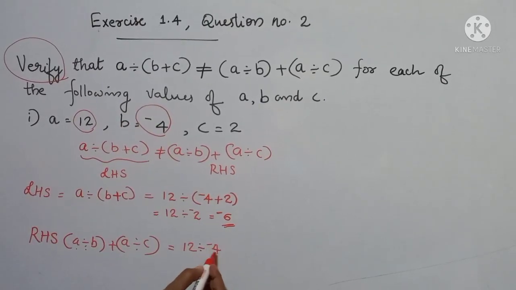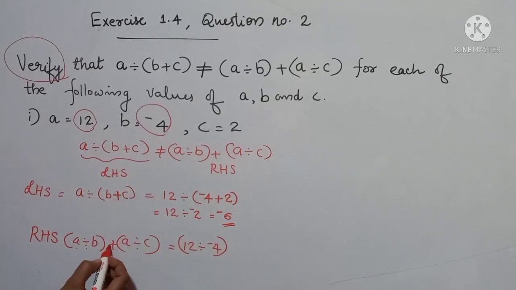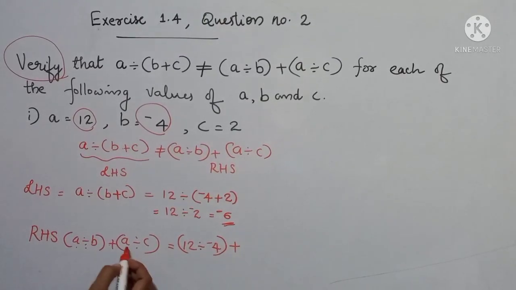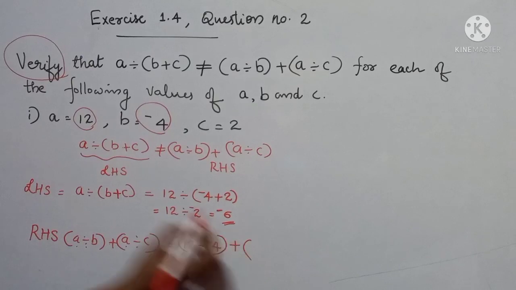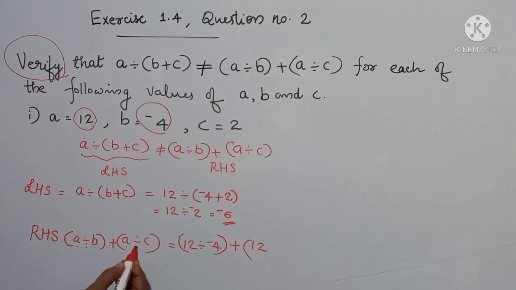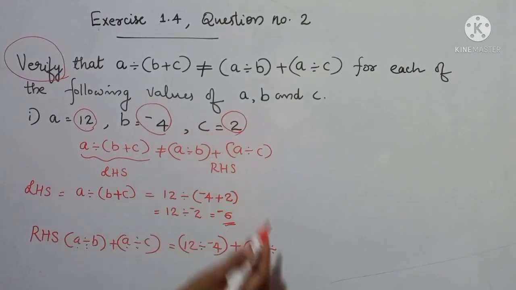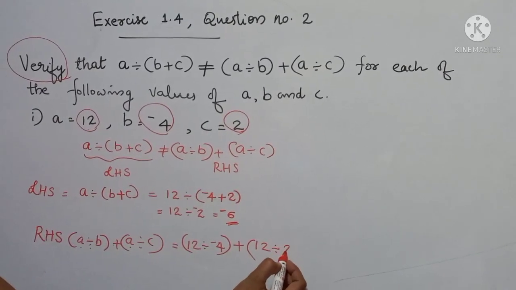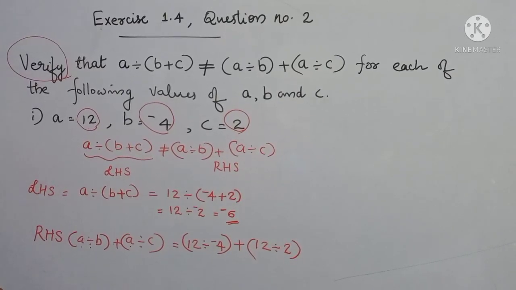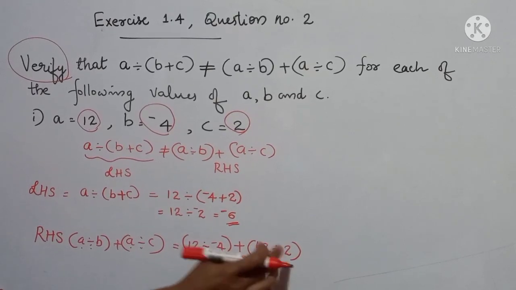Minus 4 here. Here one bracket is there, close it in a similar way. Then here it is plus. Put that plus here. Then a, again we know a is equal to 12. Put that 12. Then divided by, put that division symbol here. Then c. What is c? 2. Put that 2 here. Close the bracket. We have put the values of a, b and c here.